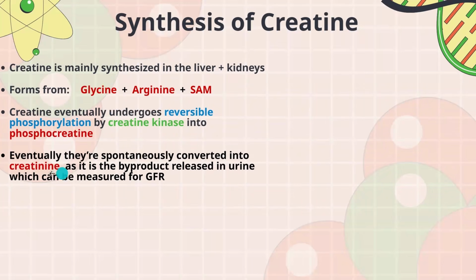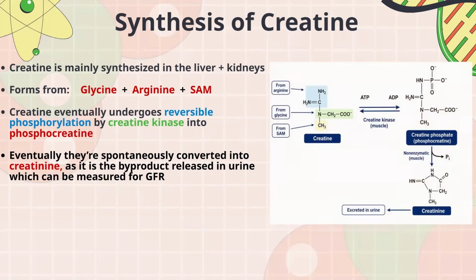Okay, so creatine and creatinine, and it is the byproduct released in urine, which can be measured for glomerular filtration rate, if you guys remember in renal. Another important thing is that, yeah, here it is. So arginine, glycine, and SAM, GAS, are going to form the creatine molecule.